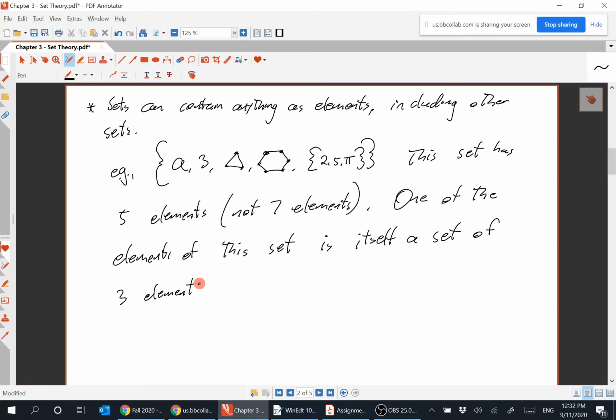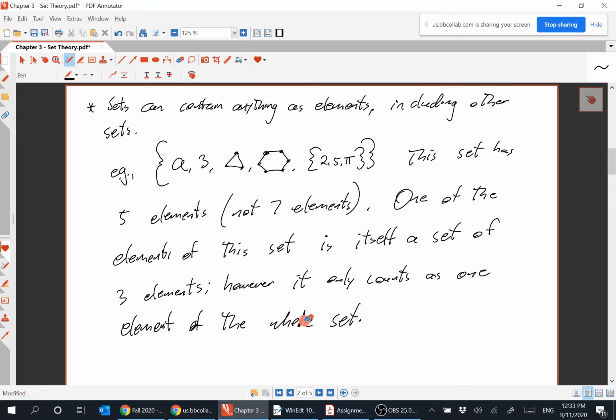Okay, however, it only counts as one element of the whole set. Right, so I've got this set. The first element is lowercase a. Second element is, not by first and second meaning they're in order, just the way we see them here.